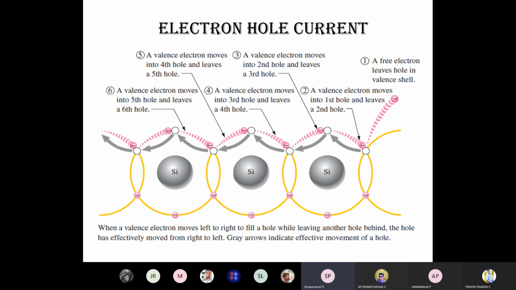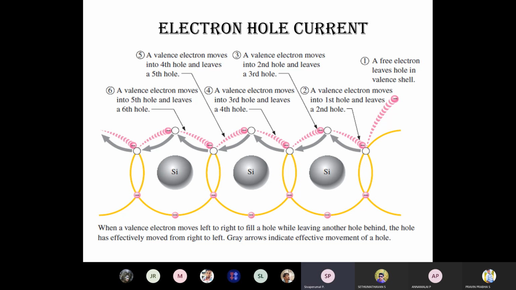Here, how many electrons are there? 1, 2, 3, 4 valence electrons. Similarly, another silicon also has 4 valence electrons. Once the bands collide with each other, two electrons bond to each other, and here a different state is created.